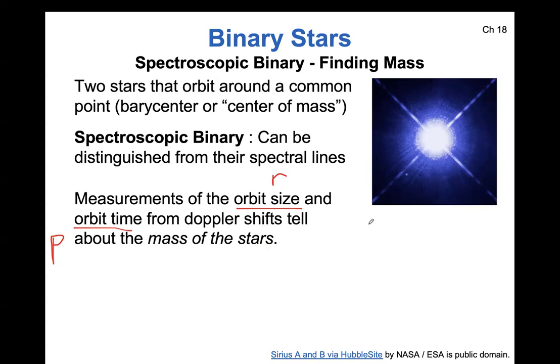But in terms of just Kepler's third law without the universal gravitational part, it looks like this: p squared proportional to r cubed.